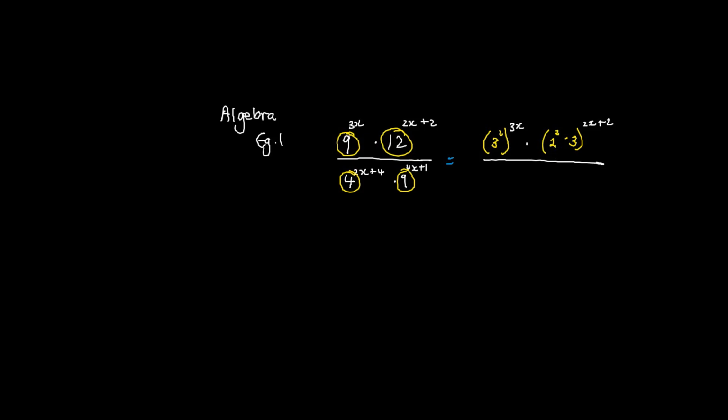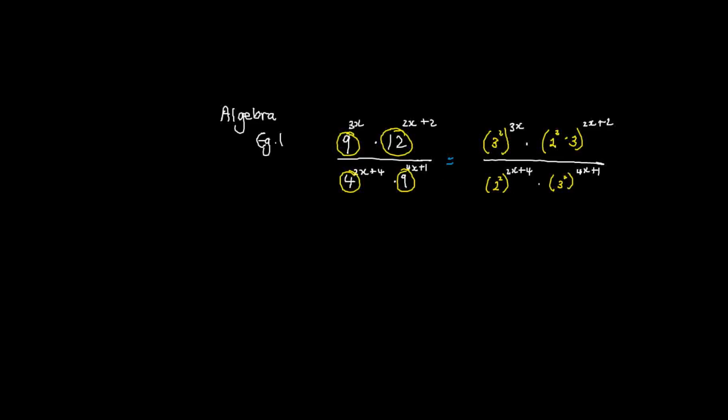Let's rewrite that as a product of its prime factors. So I have 2 squared, raised to the power of 2x plus 4, times, let's rewrite 9, it's 3 squared, raised to the power of 4x plus 1, right?